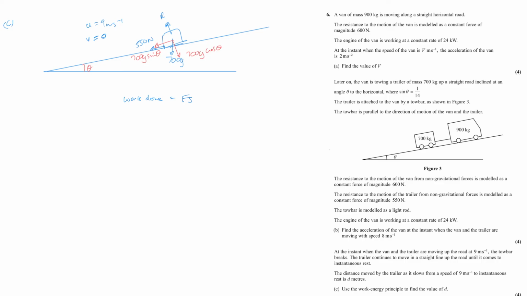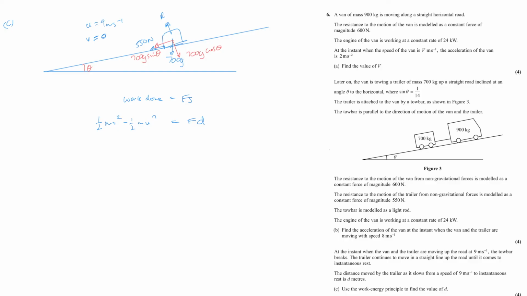So the work done would be the change in kinetic energy. So half M, I'll write it out in letters first. So half mv squared minus a half mu squared equals force times d, because d is our distance. I'll deal with the force in a moment.